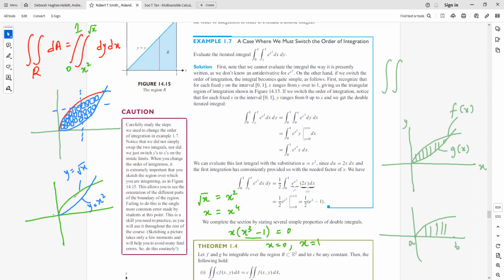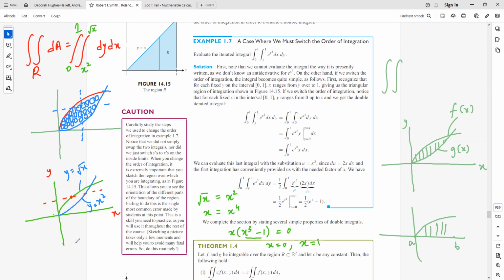Now if I'm interested in finding the limits in the x direction first, I just need to draw a line parallel to the x-axis. That will be my arbitrary line. This is the x-axis, this is the y-axis. Now see which point this line cuts on the least point of this region. That is this point on this curve.